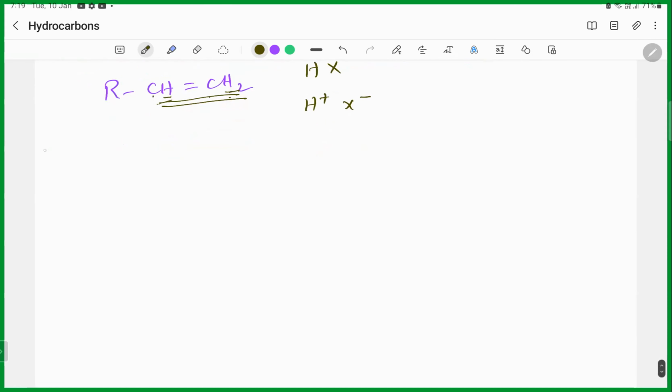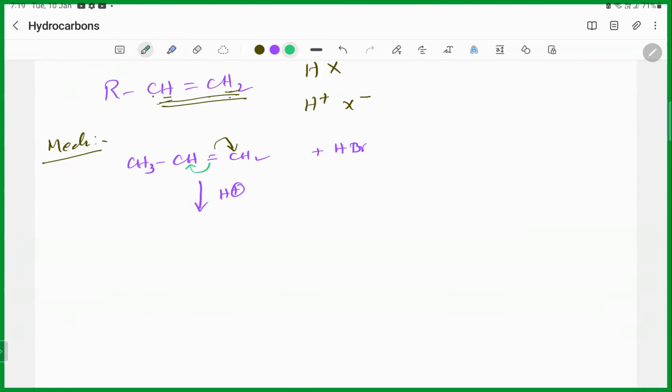Now when you are seeing the mechanism of the reaction, R CH double bond CH2, we will take the example of 1-propene. When you take 1-propene, you are going to add HBr. First, the H plus ion will attack, either going like this or going like this.